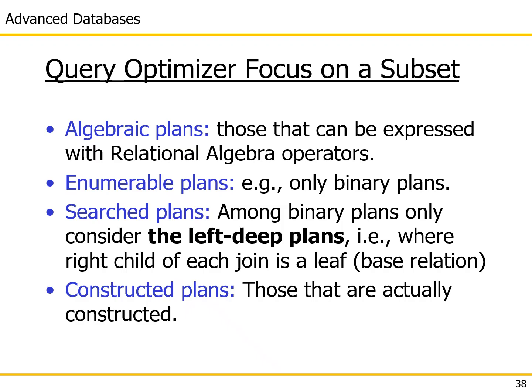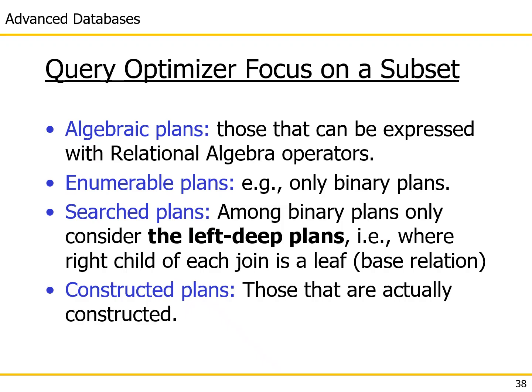Those will be the ones of relative interest. Those are the ones we can think of and manipulate and figure out what we can do with. But that's what we can enumerate. That's not what we can actually generate. What we actually can generate is what's called searched plans.